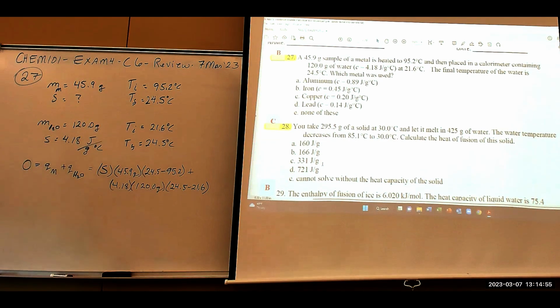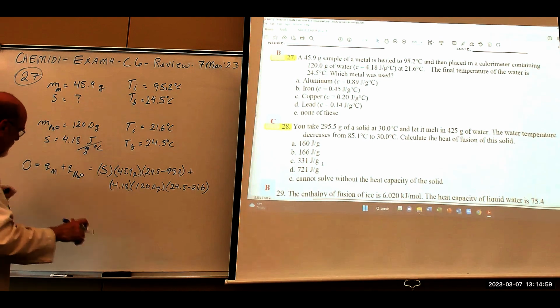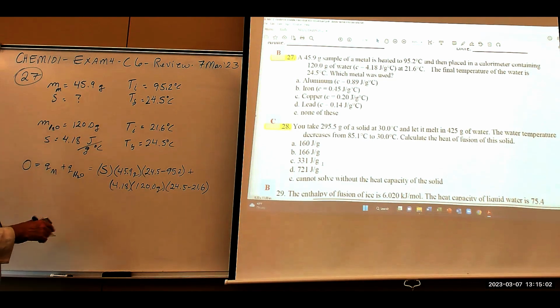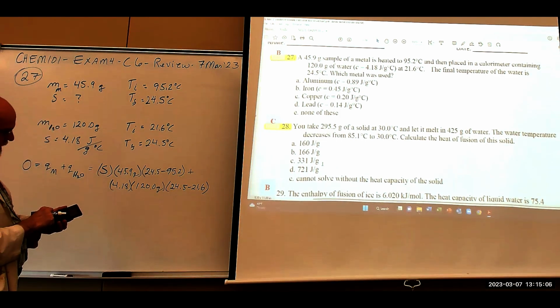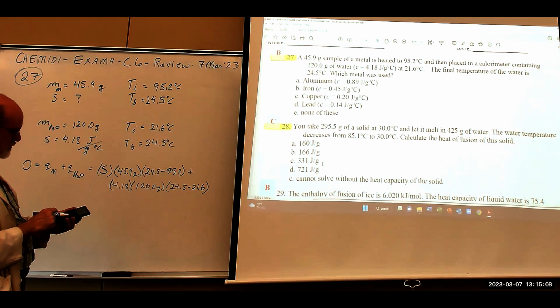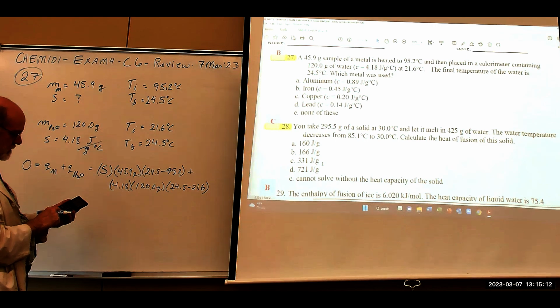Okay. This is the same type of calculation as before. I guess I better do it. I'm going to do this whole term right here. 24.5 minus 21.6 is a positive 2.9 times 120 times 4.18.